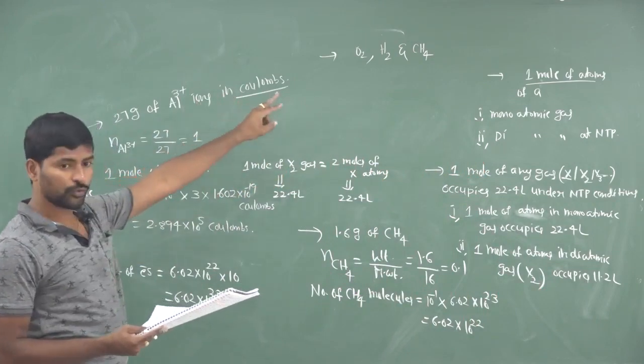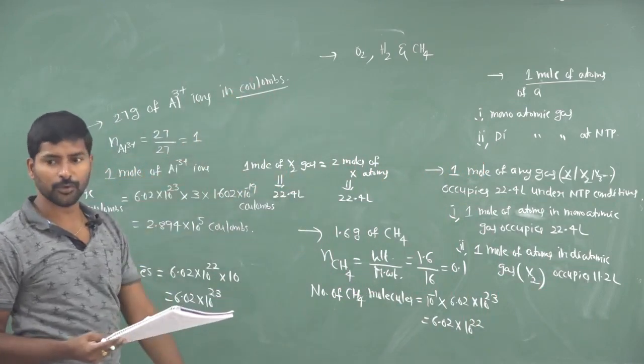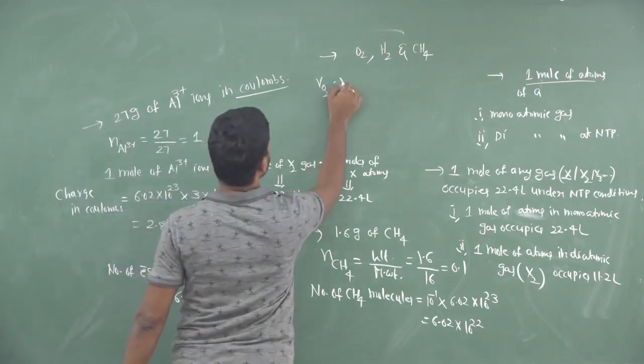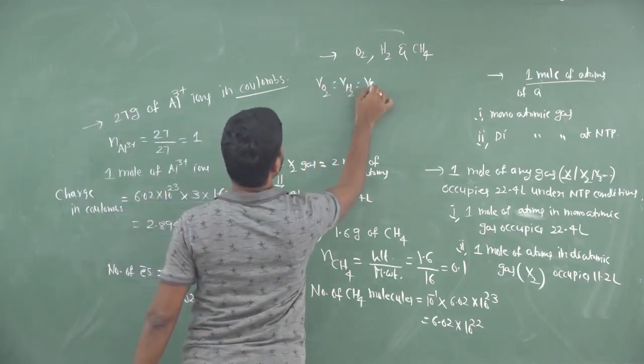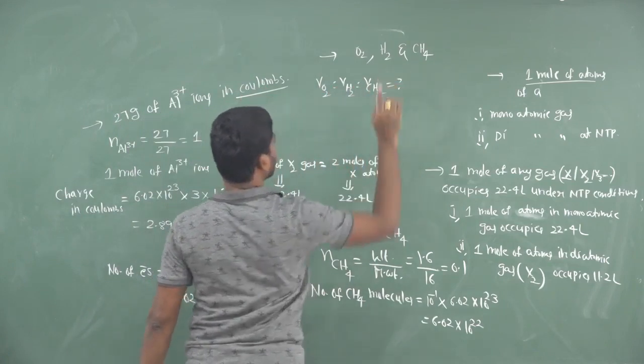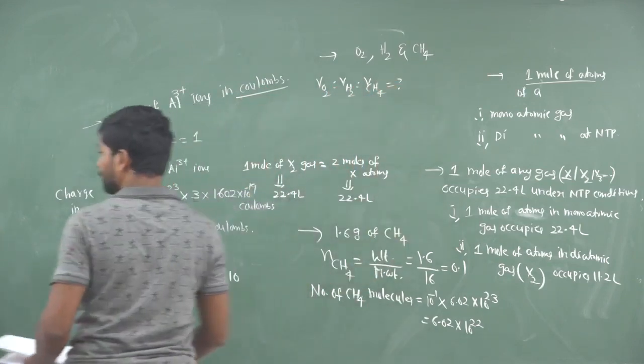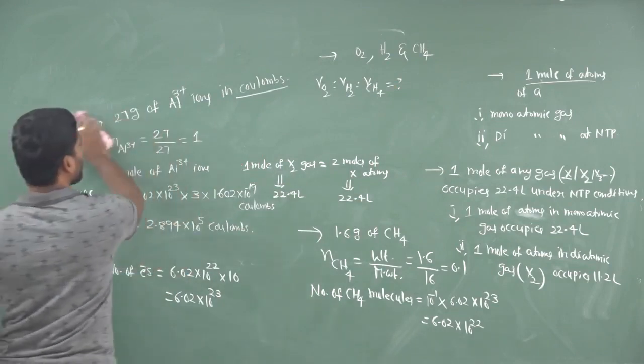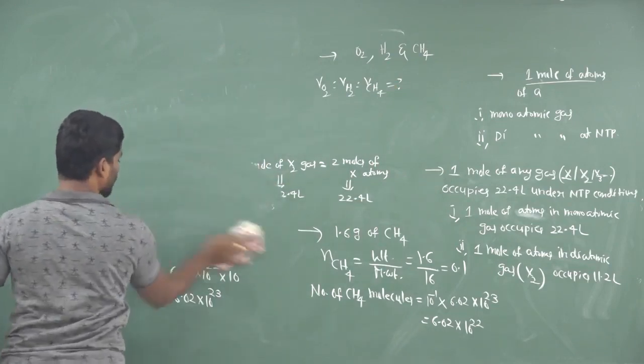Okay, all of those we are taking in equal masses. What about the ratio of their volumes? The ratio of volumes of O2, H2 and CH4. According to Avogadro's law, volume is directly proportional to number of moles.